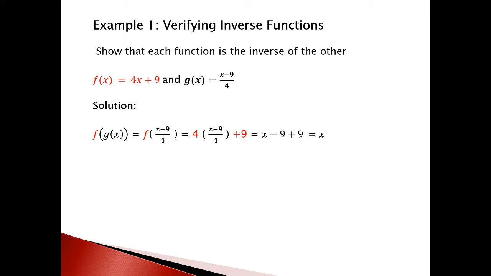So it will give you x as the answer. Then you have to compute g of f of x, where you substitute 4x plus 9 in the place of x in x minus 9 divided by 4, and this also gives x as the output.